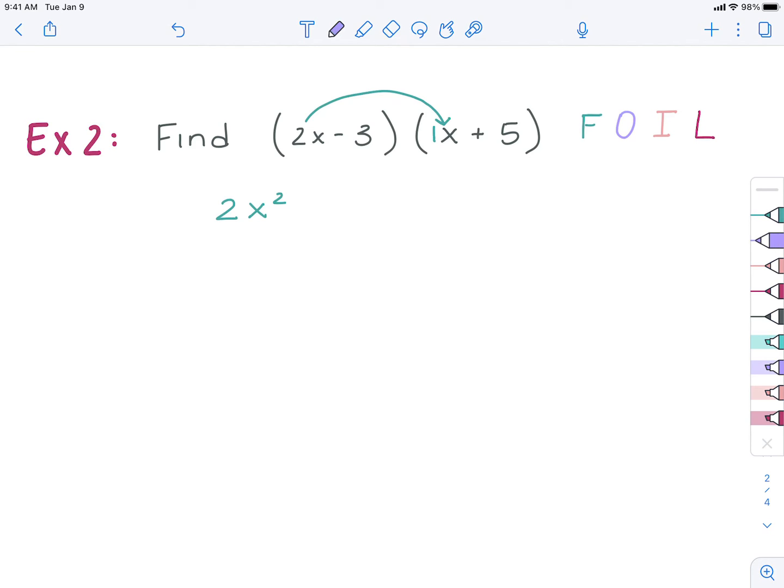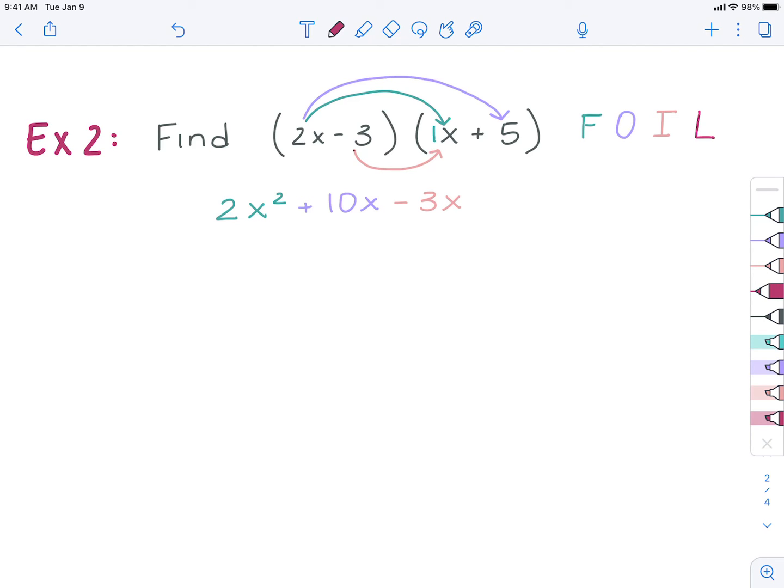Then I'm going to do my outer terms. So I'm going to take this 2x and multiply it with the 5. And when I do 2x times 5, 2 times 5 gives me 10. Bring the x along, so I get 10x. Then I'm going to do my inner terms. So negative 3 times x gives me negative 3x.